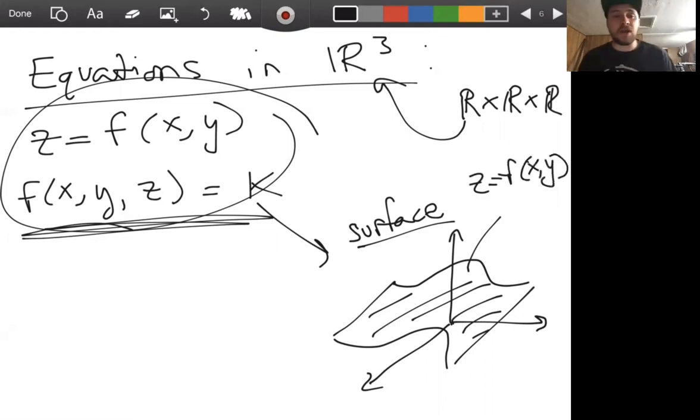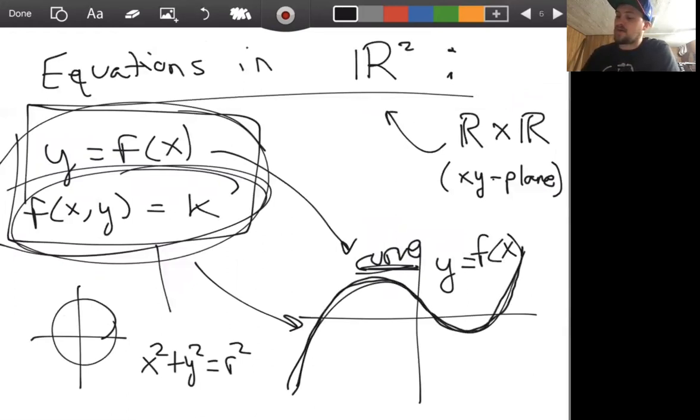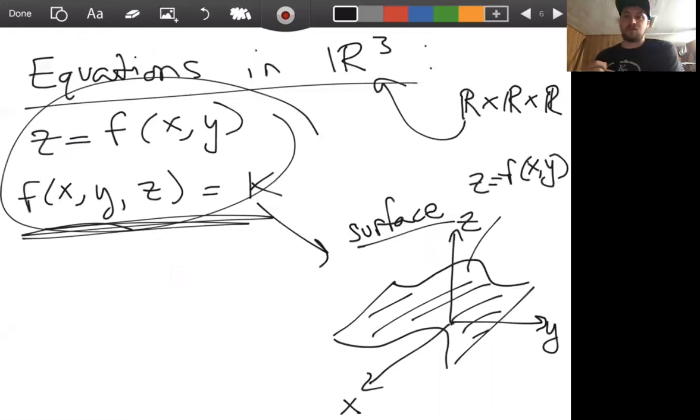And so equations in three variables in x, y, and z are going to now represent surfaces in our Euclidean space. Whereas, again, the analog is equations in two-dimensional space represent curves, equations in three-dimensional space represent surfaces.